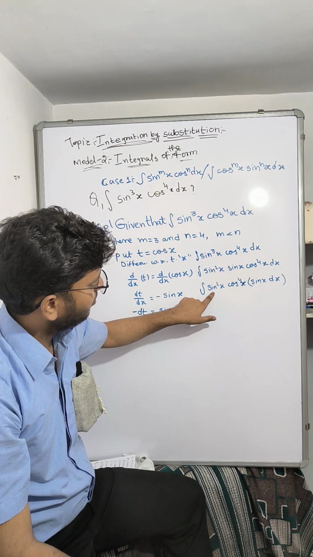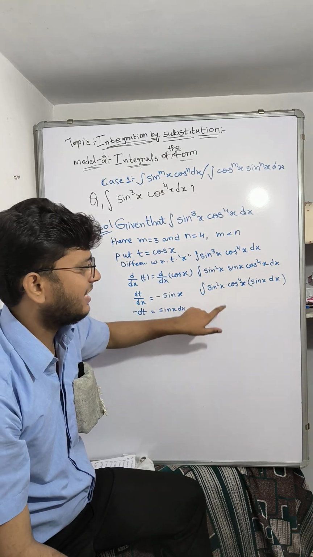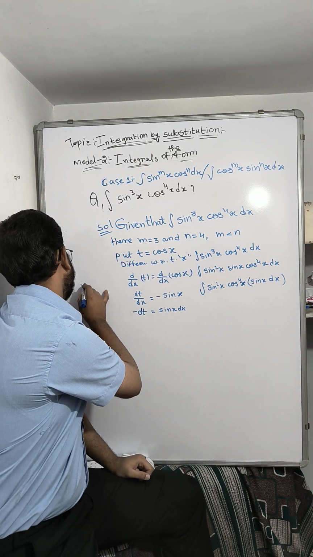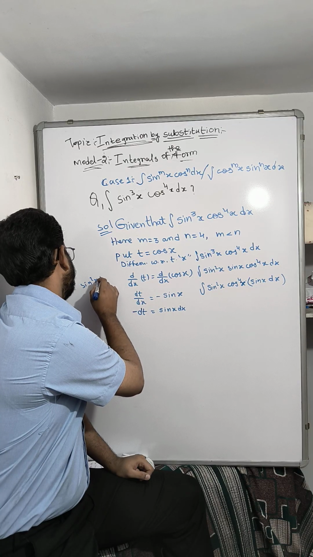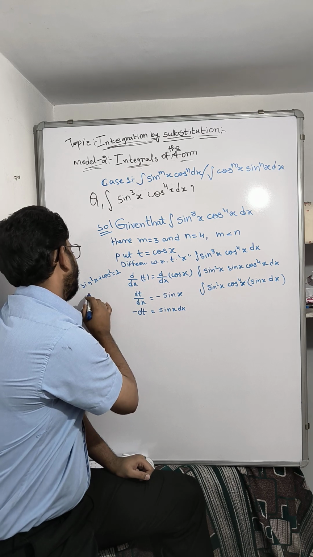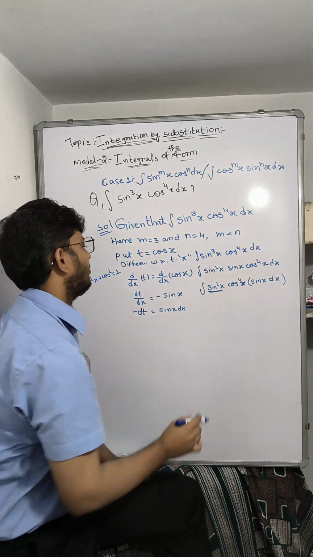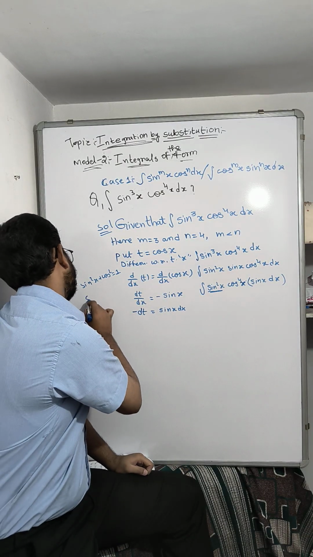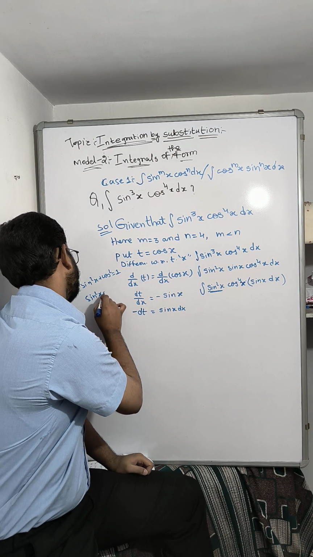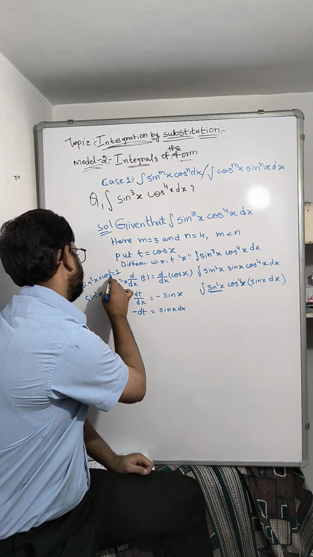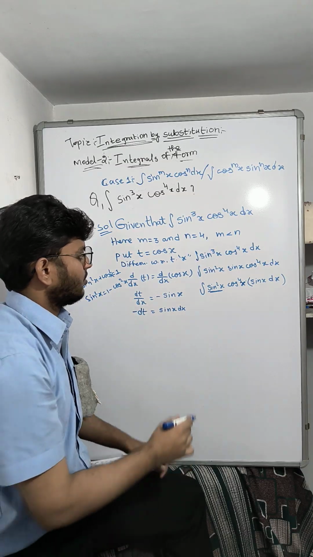Now what do we do for sin square x? We know the formula: sin square x plus cos square x is equal to 1. Therefore, from this we can write sin square x is equal to 1 minus cos square x.